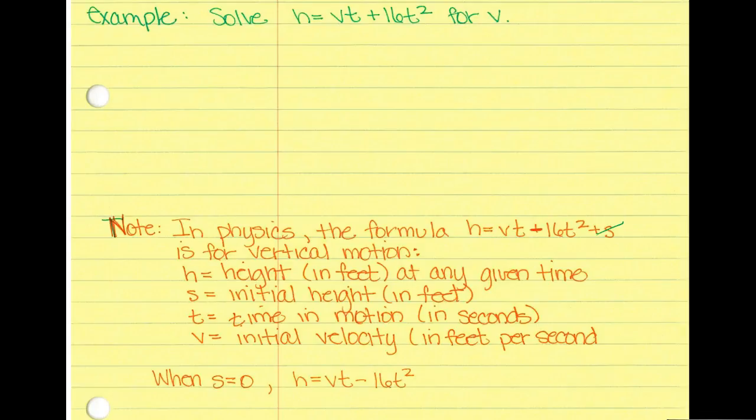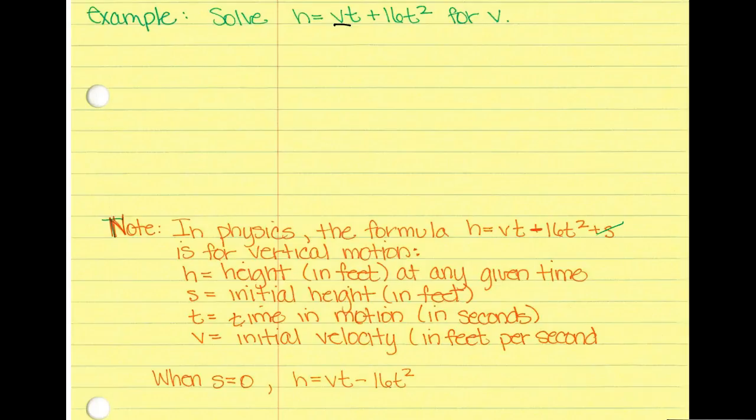Alright, so let's solve for v in this very complicated looking equation. H equals v times t plus 16t squared. And I want to solve for v. So again, we need to think about what's happening to the whole entire side, what's happening to v. Right now, on this whole entire side, we are adding 16t squared.